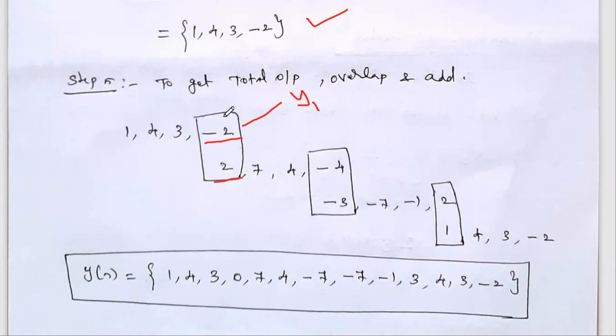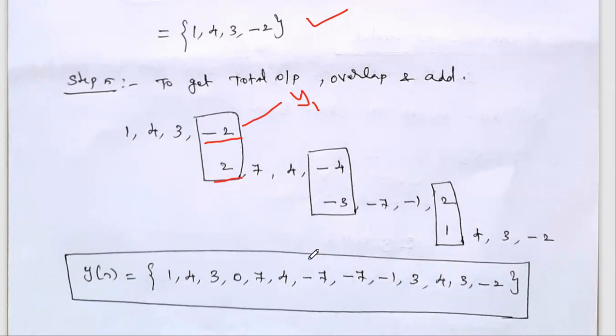So the last m minus 1 data of y1 is overlapped with the first m minus 1 data of y2. Similarly, the last m minus 1 data of y2 is overlapped with the first m minus 1 data of y3, and so on. Then you just overlap and add these two values. So finally, we got 1, 4, 3, and you add these two, 2 minus 2, 0.